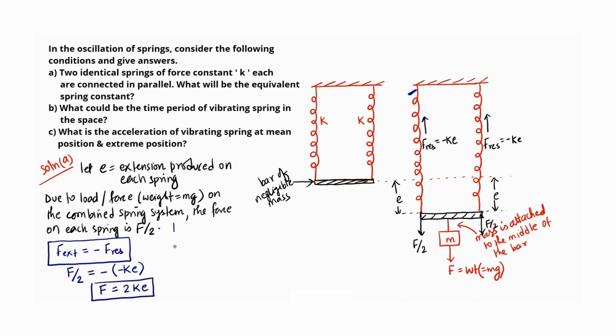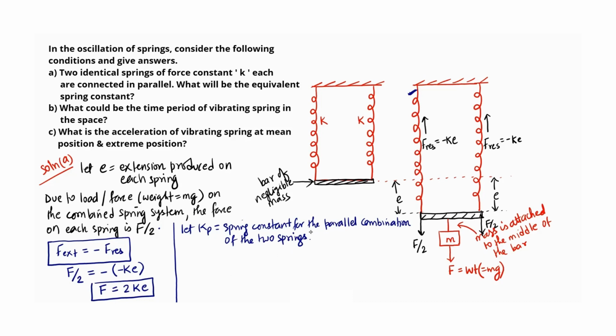Now, let Kp be the spring constant, or equivalent spring constant, for the parallel combination of the two springs.